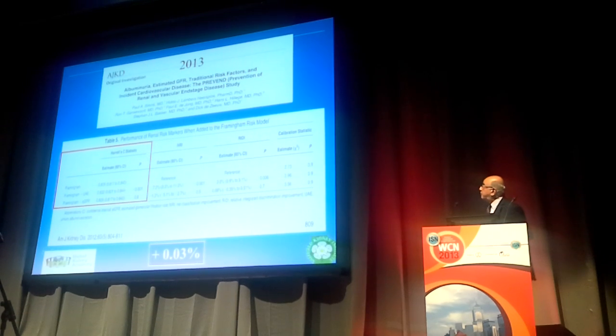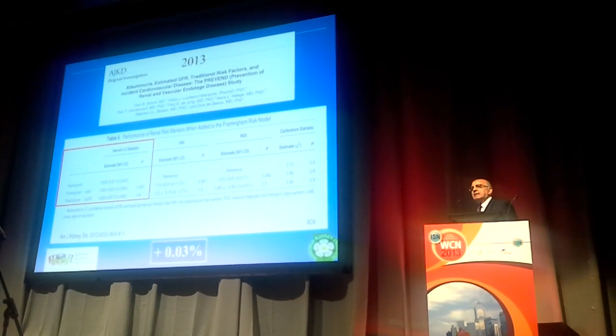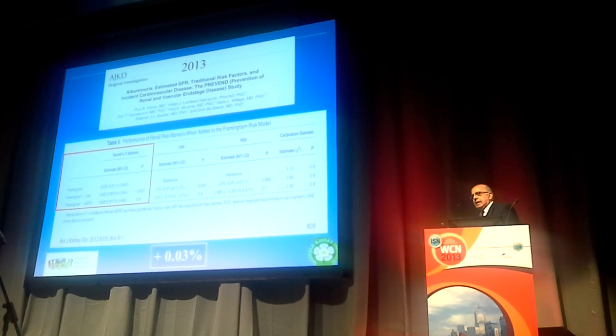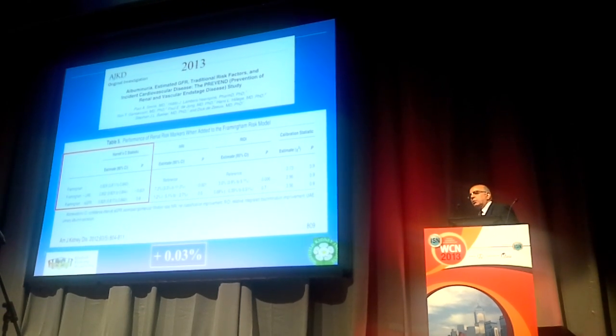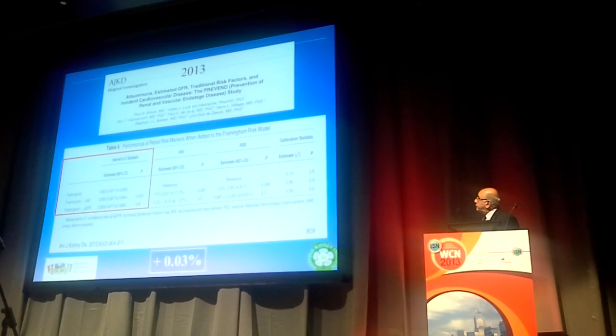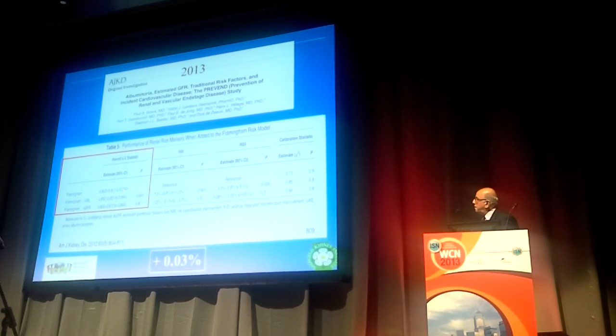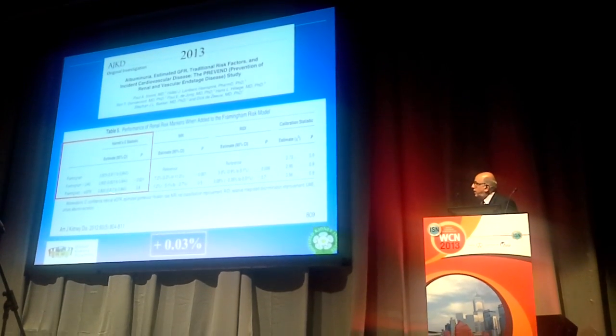More recently, the PREVEND group with Ron Gansevoort and Dick de Zeeuw did exactly the same analysis in patients within the community with low risk and preserved renal function. We know that albuminuria increases the risk of mortality and cardiovascular complications. They applied the Framingham risk score, added eGFR.